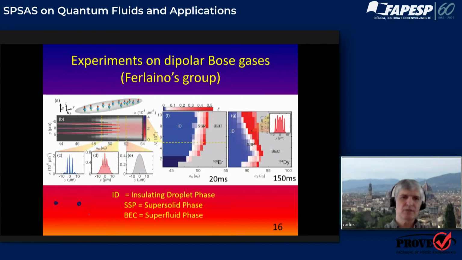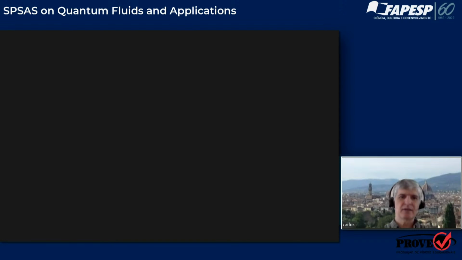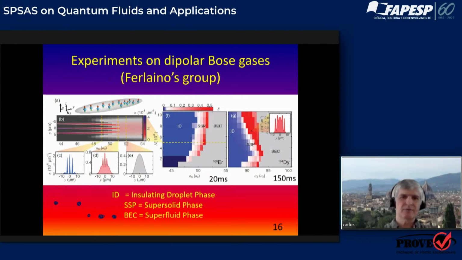The supersolid would see a peak at finite Q, because it's one-dimensional, a peak at Q equals 0, and a peak at finite Q. And this thing has only a peak at 0.